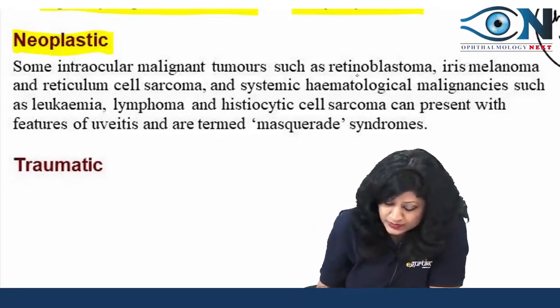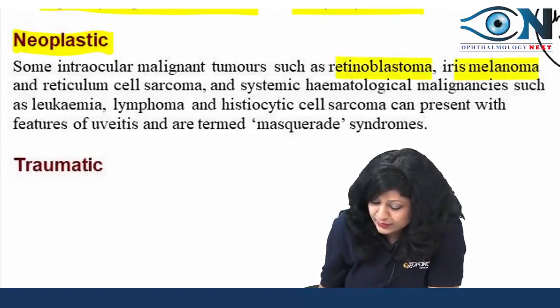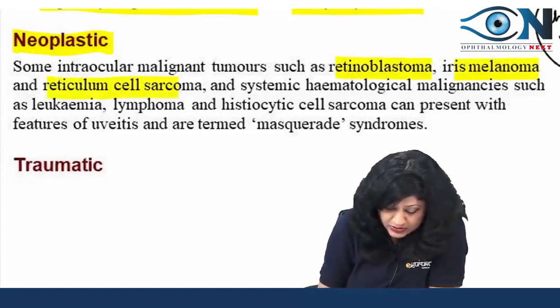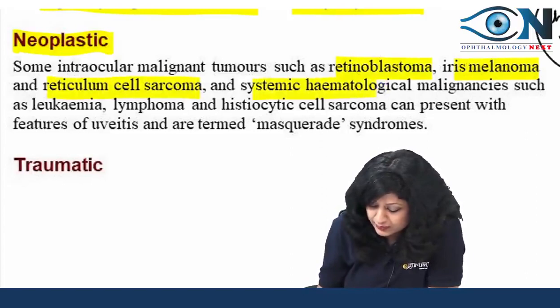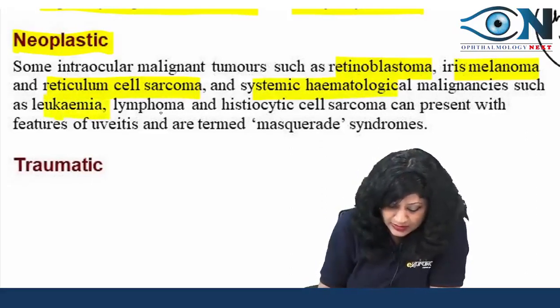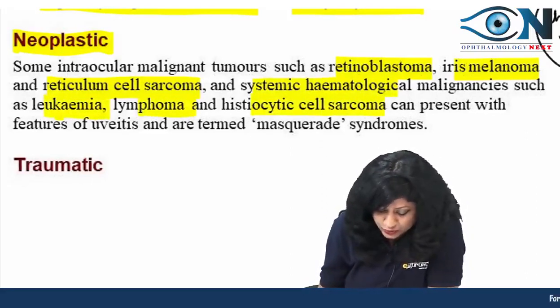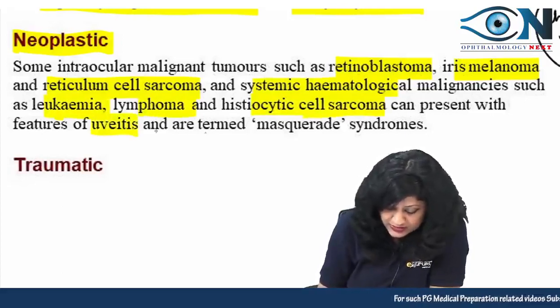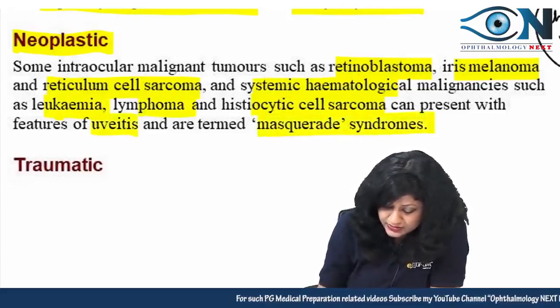So certain tumors, like retinoblastoma, malignant melanoma, iris melanomas, reticular cell sarcoma, then systemic hematological malignancies, leukemia, lymphoma, histiocytic cell sarcoma, actually present as uveitis. This is called the masquerade syndromes.